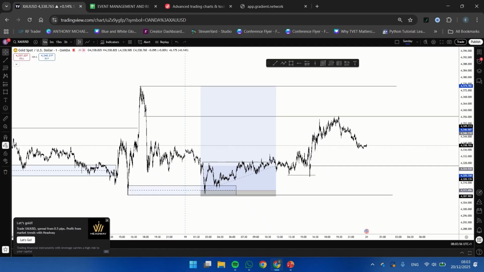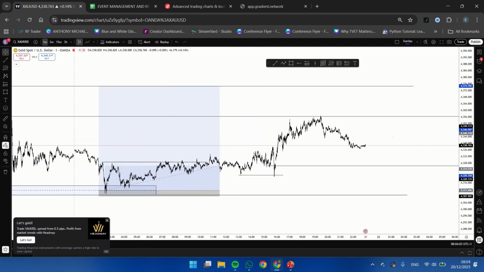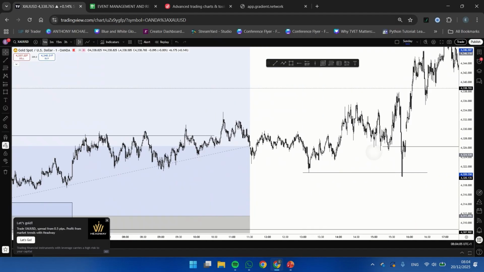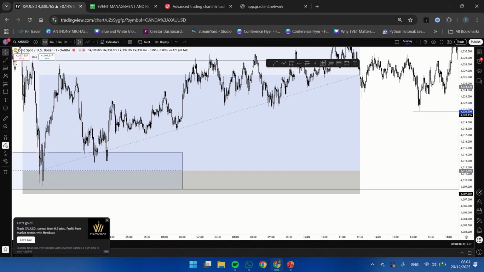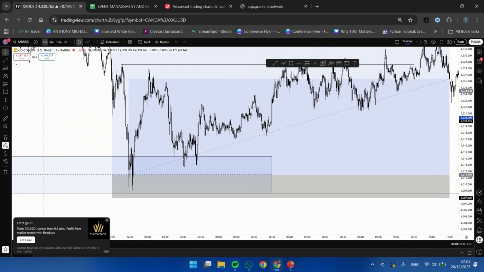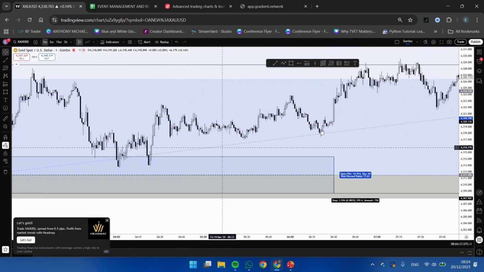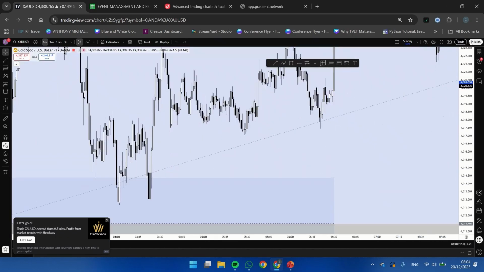So my risk to reward is minimum of 1 is to 2. So let's assume I decide to use a small swing like this one in this zone that I see something like this. This is even more than 1 is to 2.